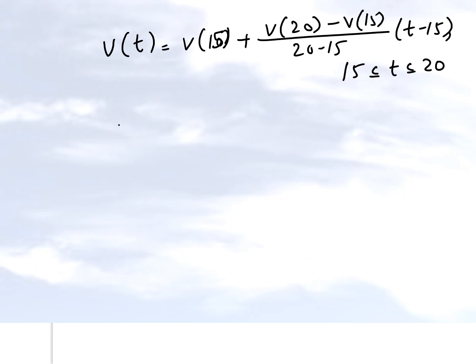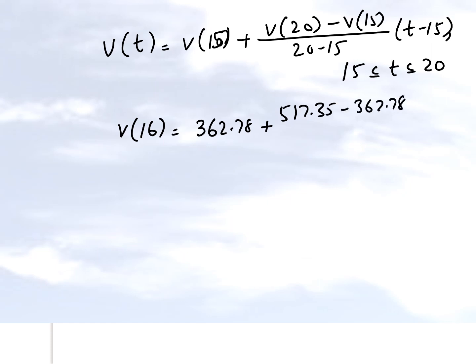So if we want to find the velocity at 16, that will be the velocity at 15, which is 362.78, plus the velocity at 20, which is given as 517.35, minus the velocity at 15, divided by 20 minus 15, times 16 minus 15.